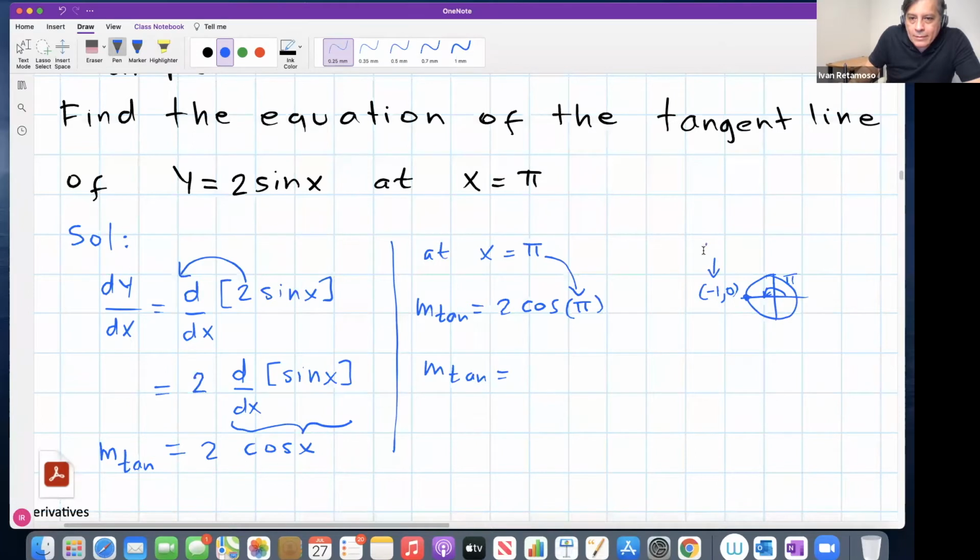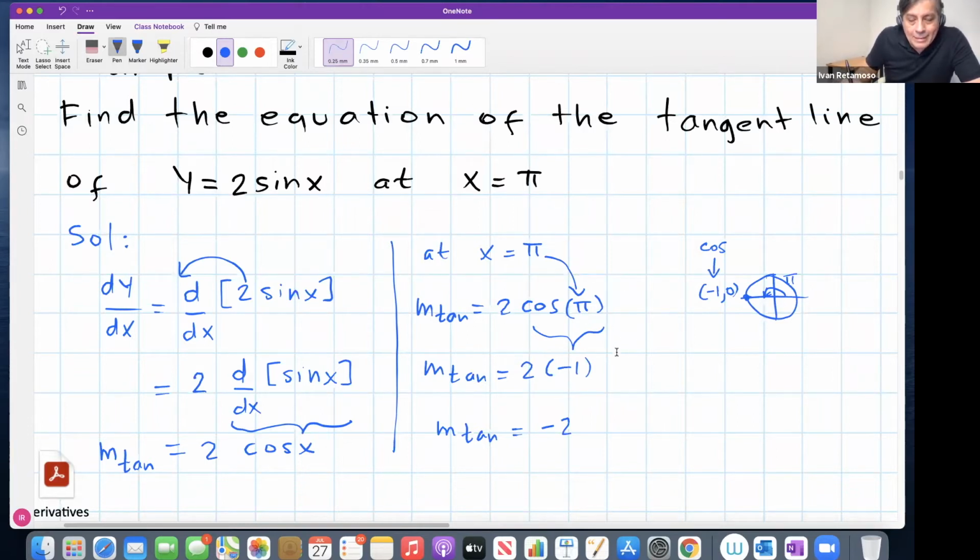So cosine of pi should be -1. 2 times -1. So the slope of the tangent line is -2.